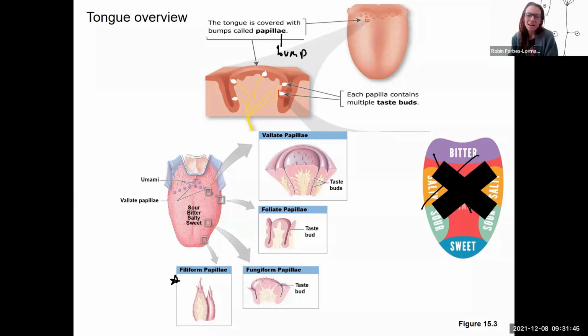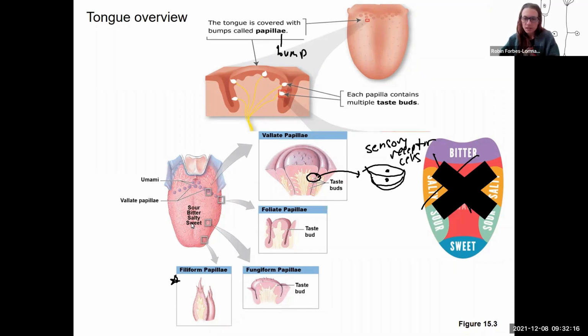In reality, there's different taste receptor cells within. So here's a taste bud within all areas of the tongue. Might be some differences, but what I'm drawing is a zoomed in version of a taste bud, and it's going to contain sensory receptor cells that transduce taste molecules into changes in membrane potential.